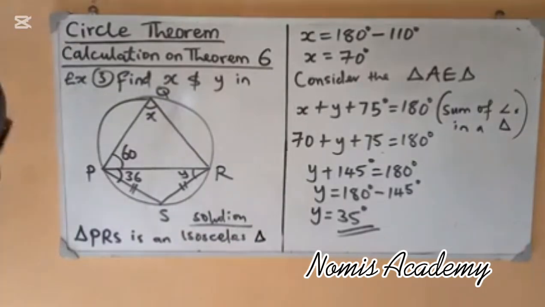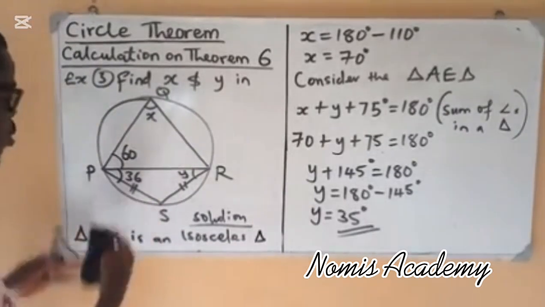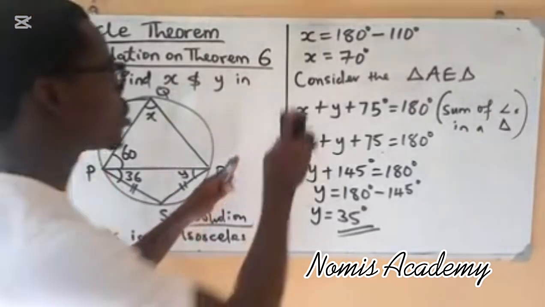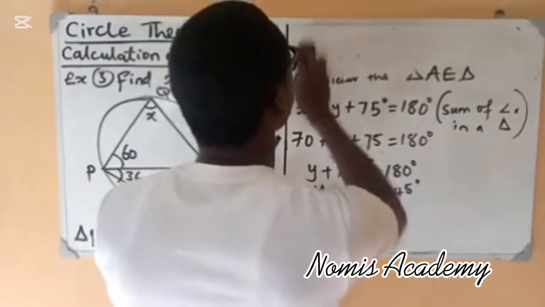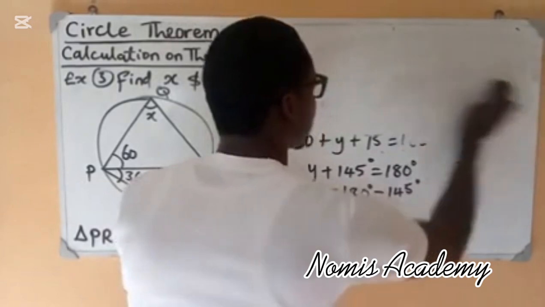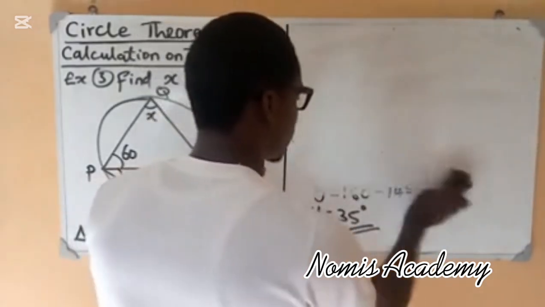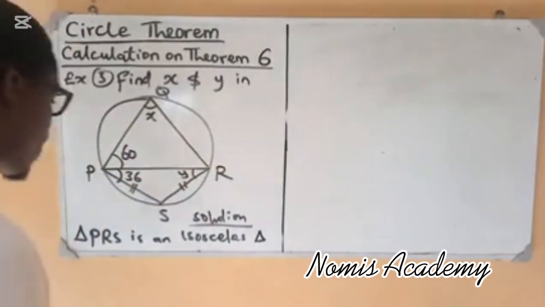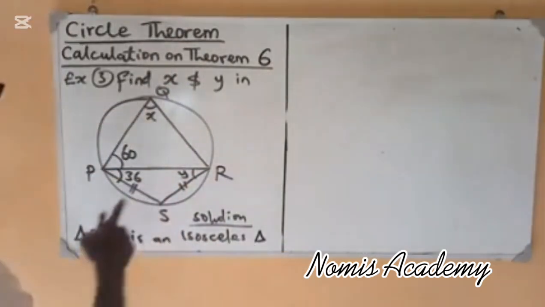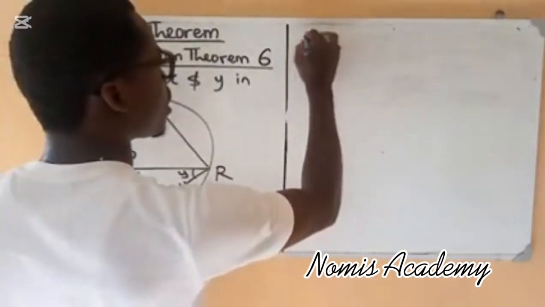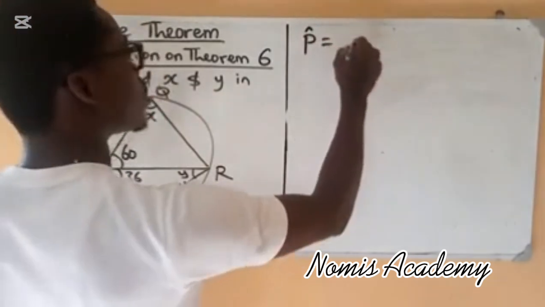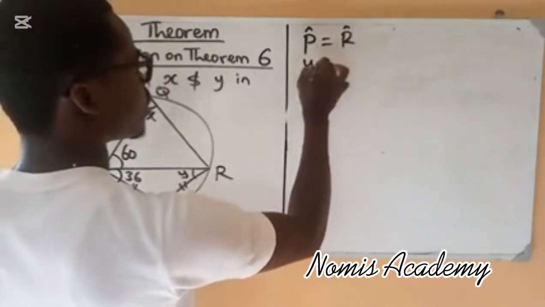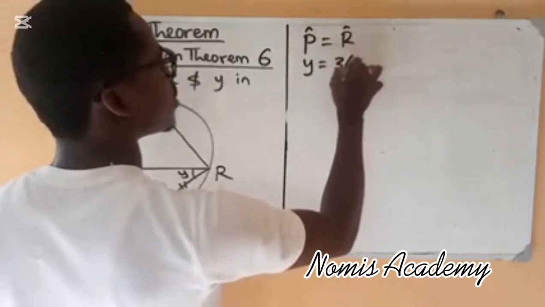It means that for the triangle to be isosceles, the base angles are equal. Then angle P is equal to angle R, meaning that Y is equal to 36 degrees.